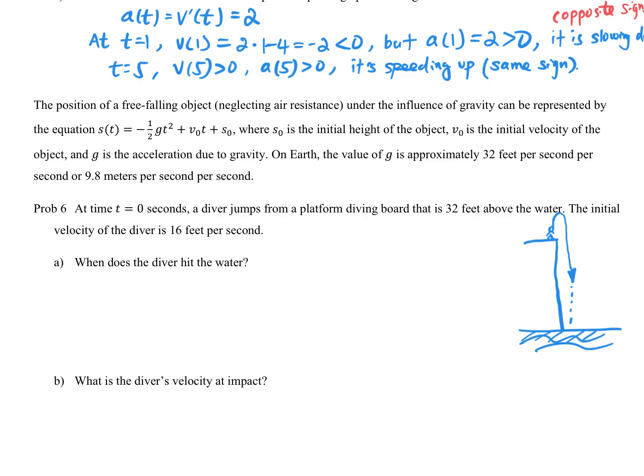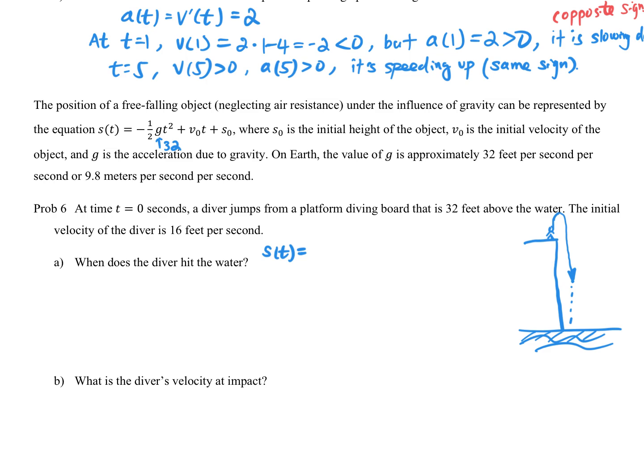So with that information, we can actually find the position function. Here we are given the units in feet, so therefore we should use 32 here, right? So let's plug in 32. Then the initial velocity is 16 feet per second. This is positive, that's why it's going upward at the beginning.